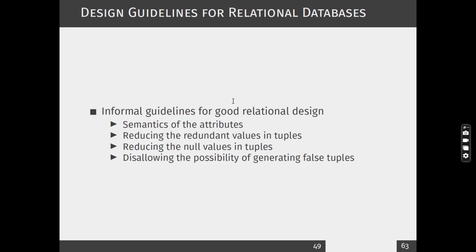Also we should not allow generating false tuples, that means tuples that are not real. Especially this happens when you are joining two tables. That might create some tuples which did not already exist. So you have to design these carefully.